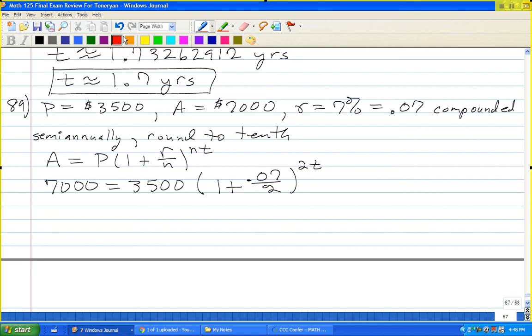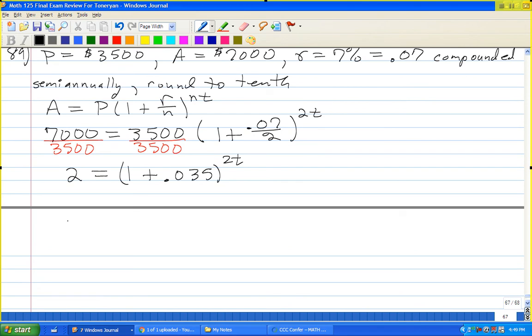Divide both sides of your equation by 3,500. And so 2 is equal to 1 plus, well, 0.07 divided by 2 is 0.035. And so let me add 1 to that. So I get 2 is equal to 1.035 to the 2t.